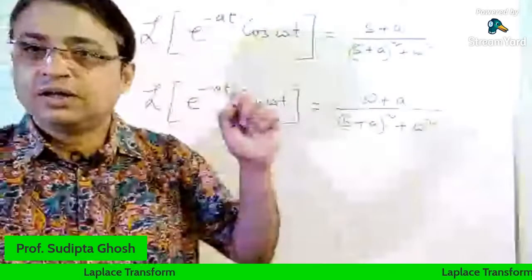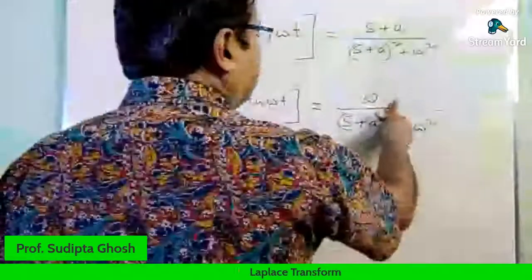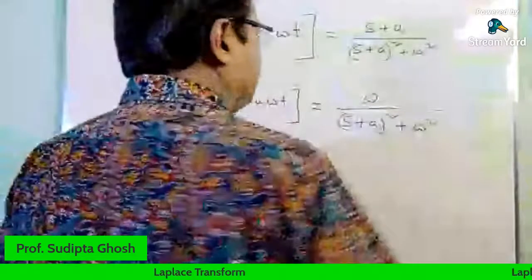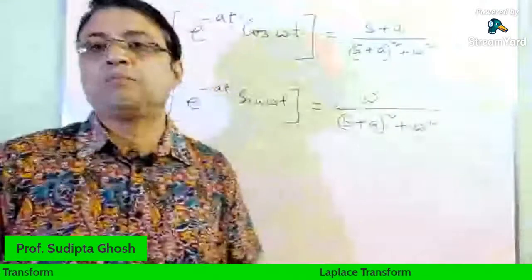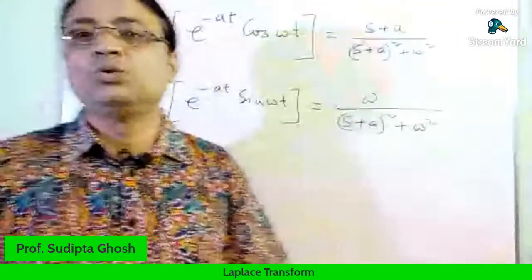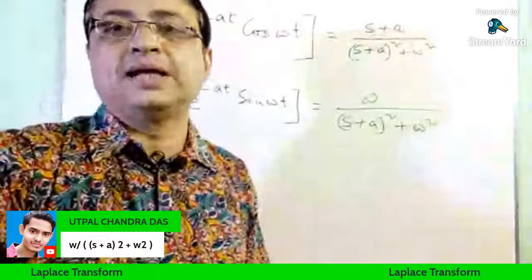So now the result will be omega, the numerator remains the same, divided by s plus a whole square plus omega square. So Utpal, exactly, this is the right answer.